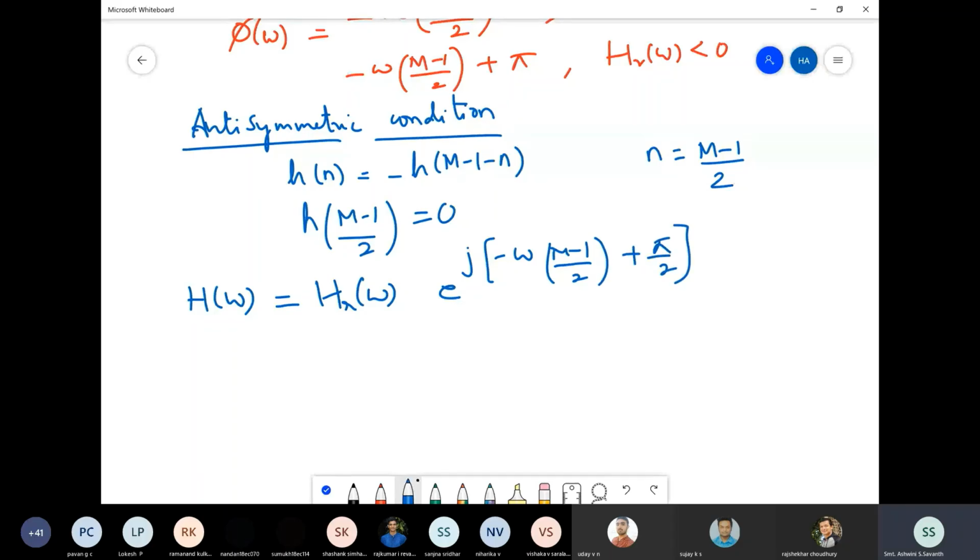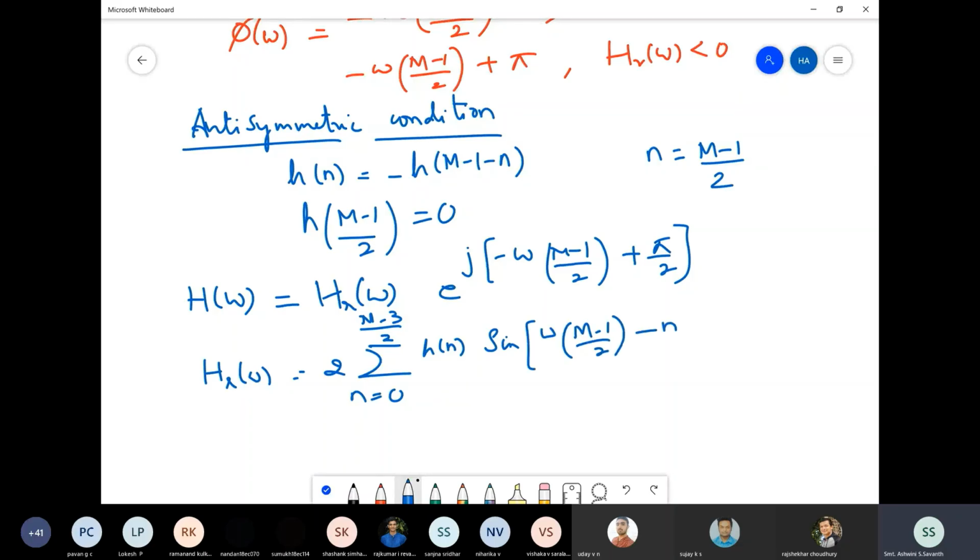Okay. So H of omega, if you derive for this, you're going to obtain H_R of omega e power j (minus omega (M minus 1) by 2 plus pi by 2), where H_R of omega will be 2 summation n = 0 to (M minus 3) by 2, h of n sine of omega into ((M minus 1) by 2 minus n).